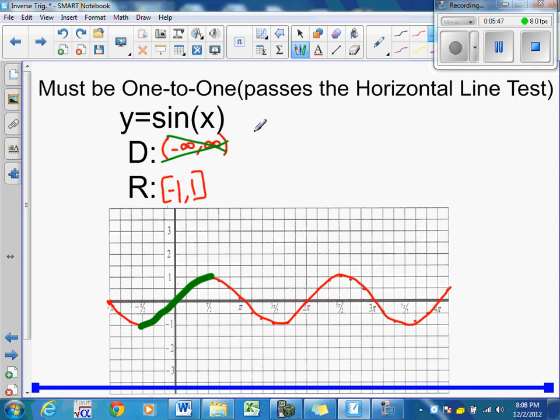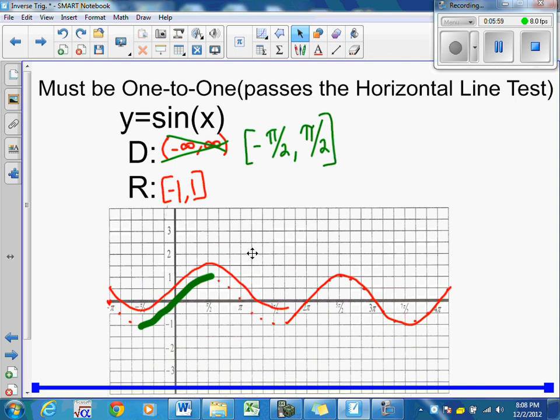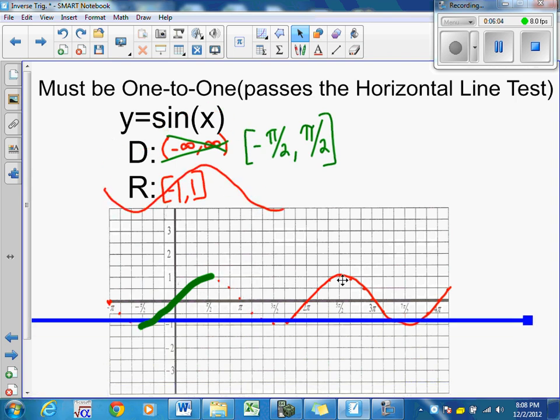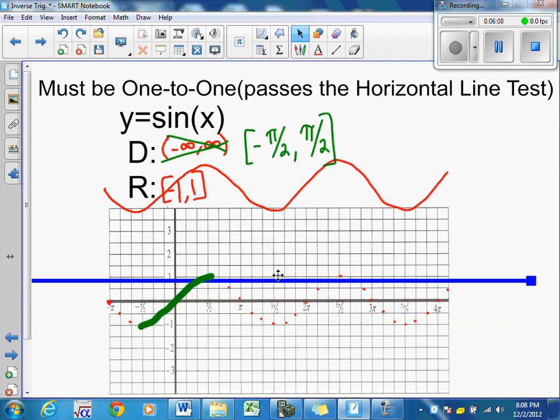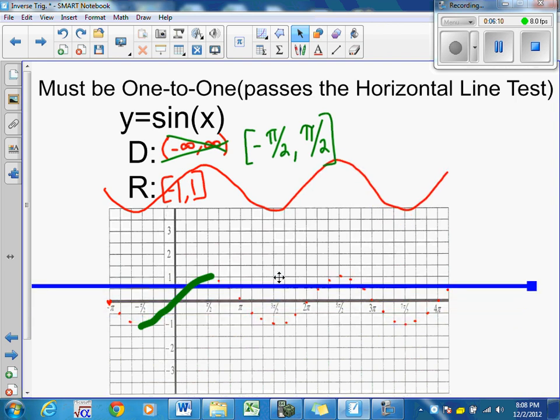My domain is -pi/2 to pi/2. Now, that part of the graph, not this part, and not this part, is now 1 to 1, passes the horizontal line test, so I can find the inverse.